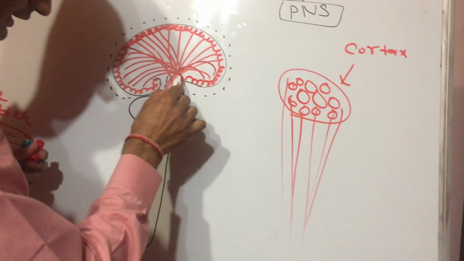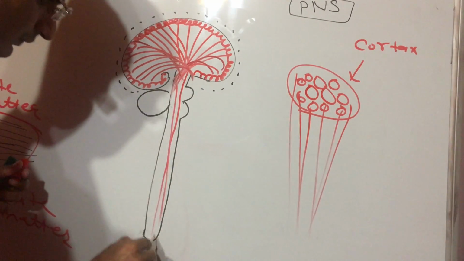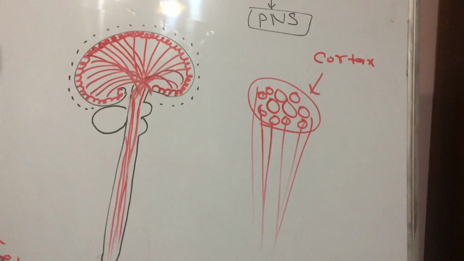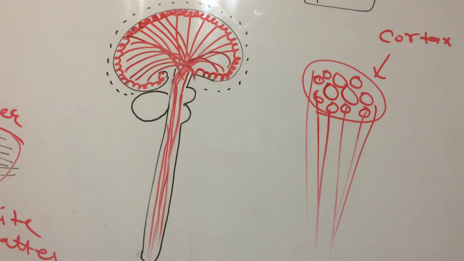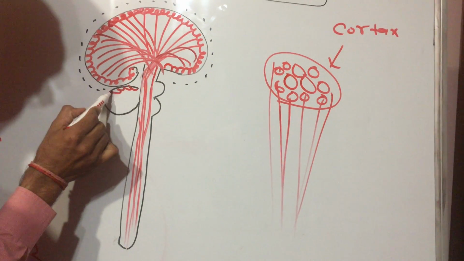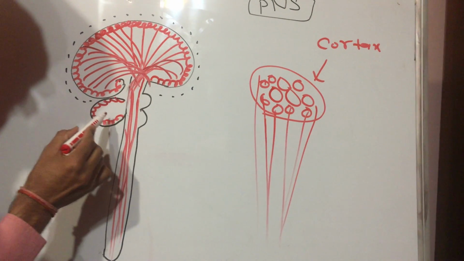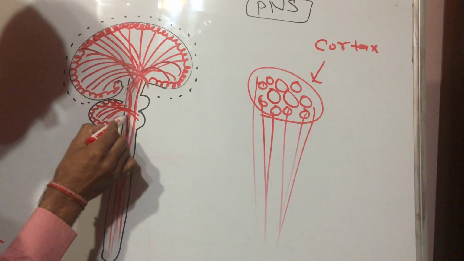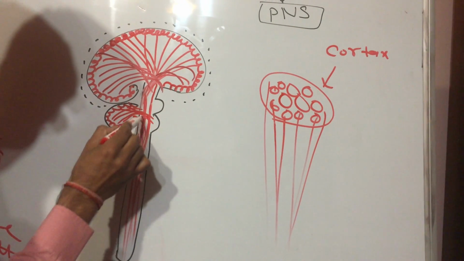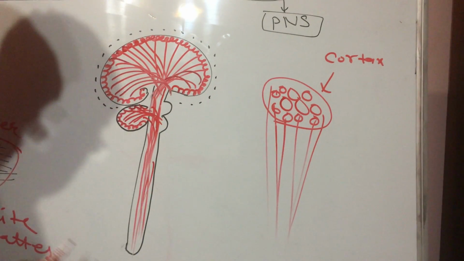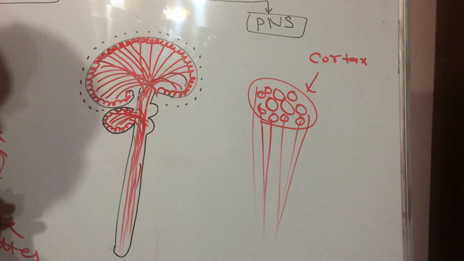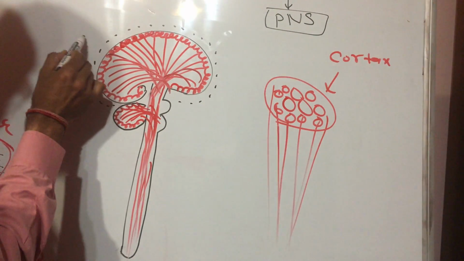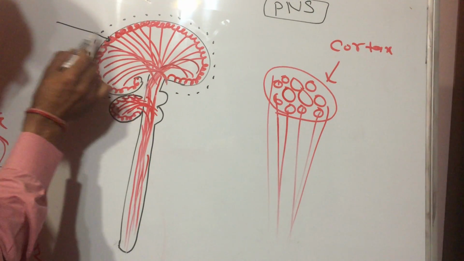Here also there are mice, or sperm, and the tails go down to the spinal cord. So this is the general idea about the cortex.